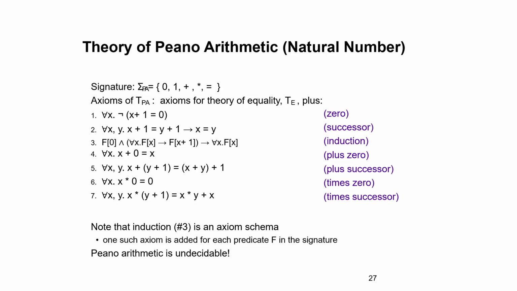So here the problem would be, given some formula, can we find a model for it? And it's undecidable. So there is no algorithm which can do it for all cases.